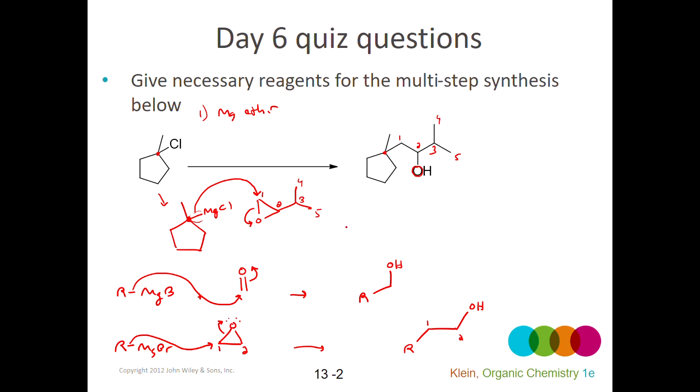So that would produce the product, in effect, except it wouldn't yet be protonated. So after adding that epoxide, which would be my second reagent, the third thing I would do would just be to add a proton source to protonate that oxygen.